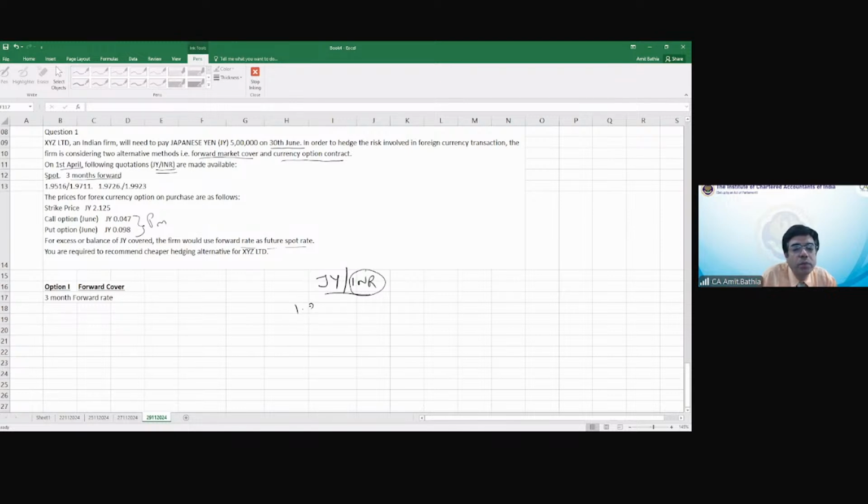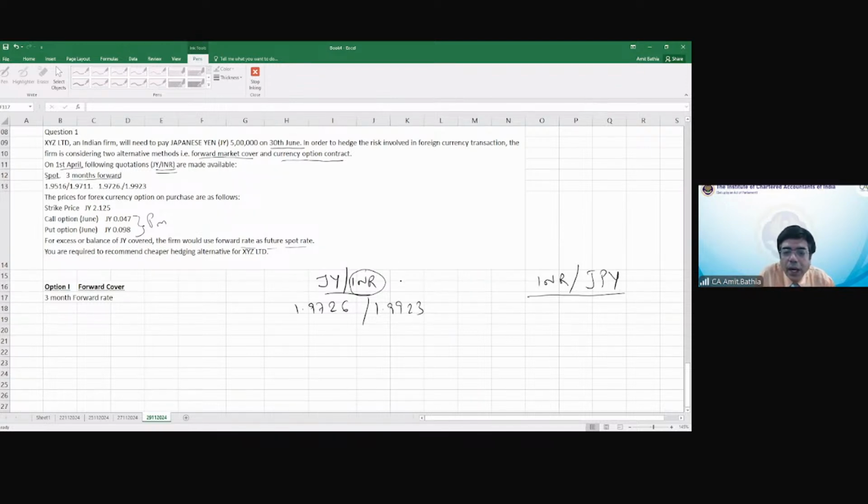So I have 1.9726 slash 1.9923. Now what I want is, I want INR upon Japanese yen, right? So can you tell me what will be my bid rate and ask rate over here?